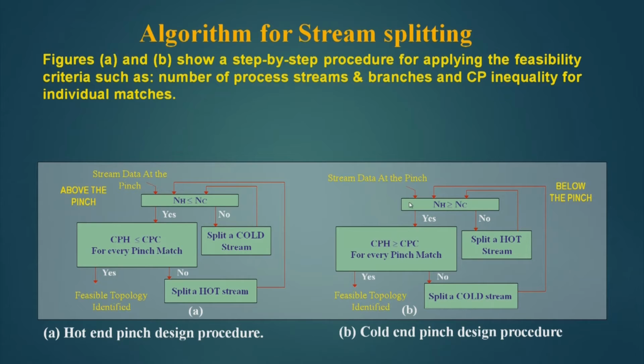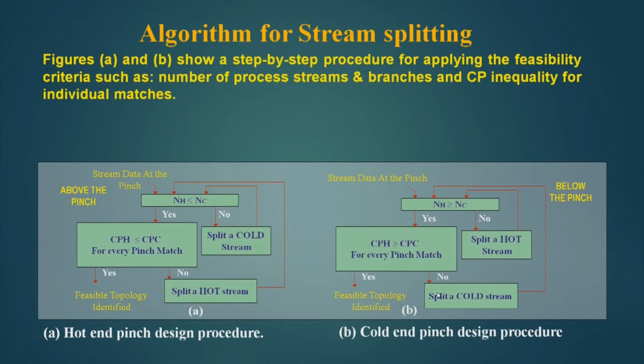So, we will first test this, NH is greater or equal to NC. If no, then we will split a hot stream and then we will move here. If yes, we will check the Cp rule criteria, and if the Cp criteria is satisfied, we will place a match and we will get a feasible topology identified.